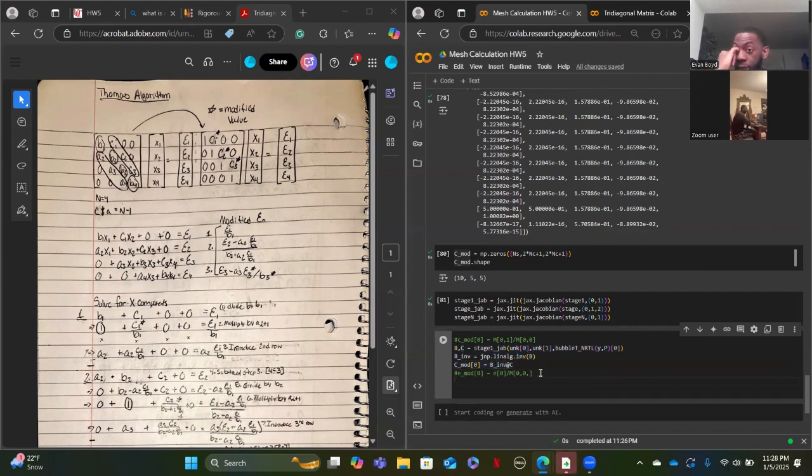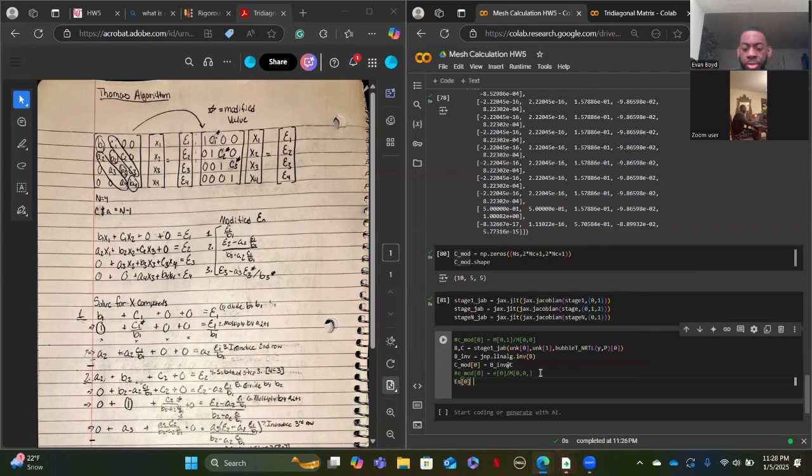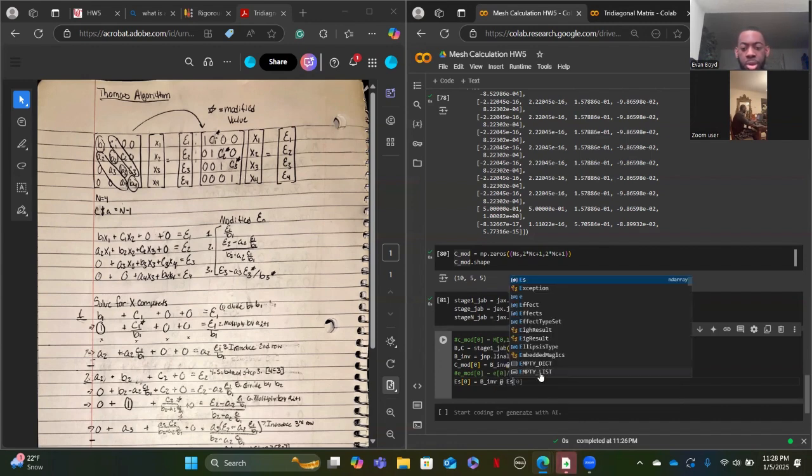And then for our equations, our E mod, ES 0, this will be equal to our B inverse matrix multiplication of just our equations that we already have up above at 0.